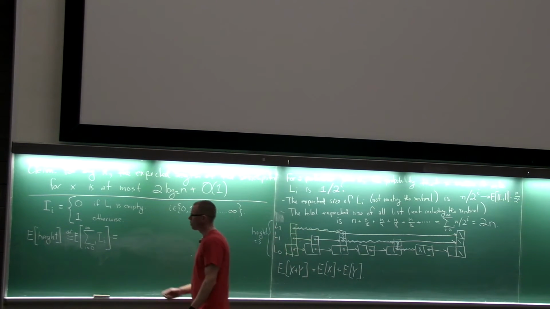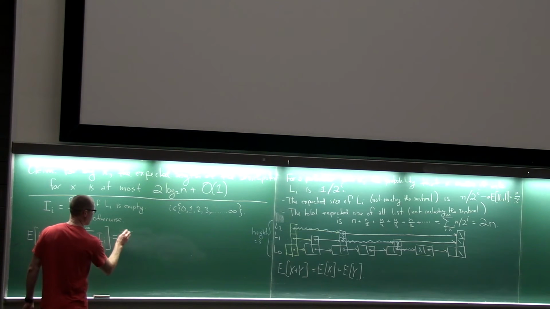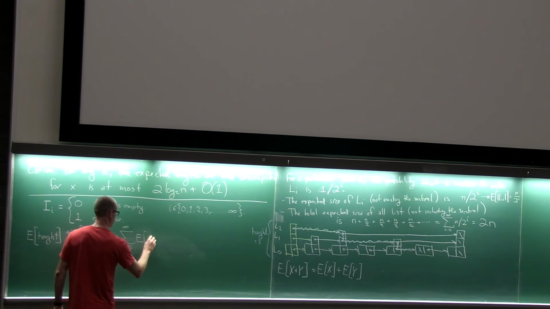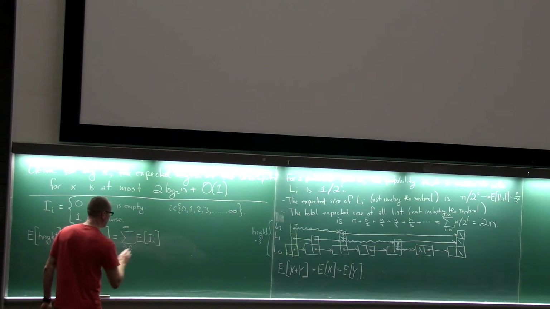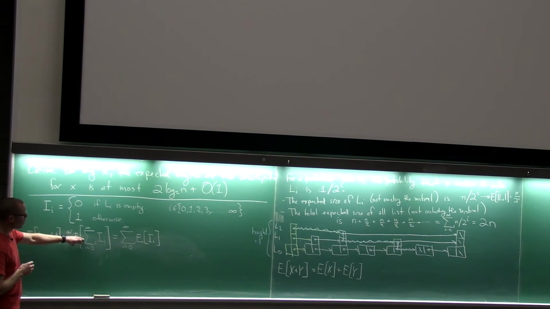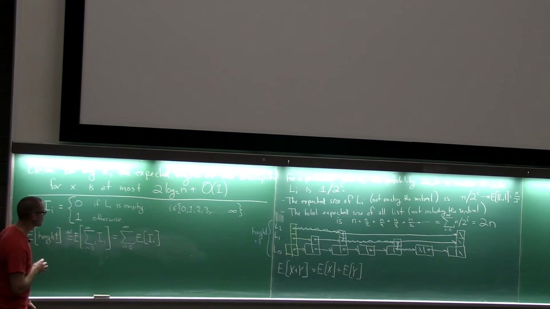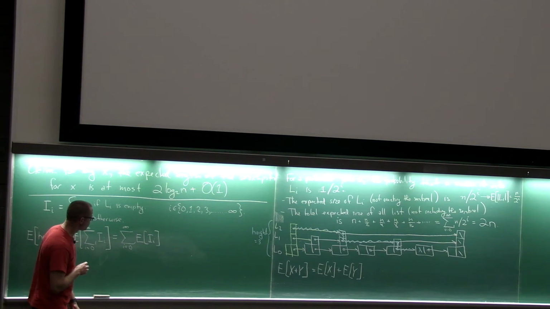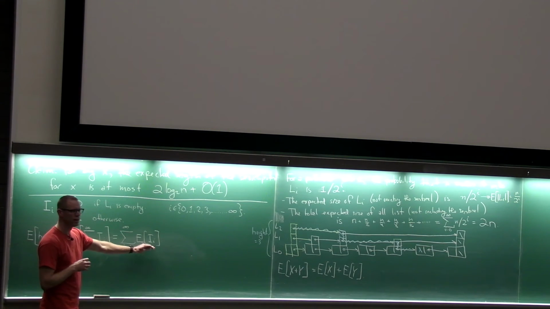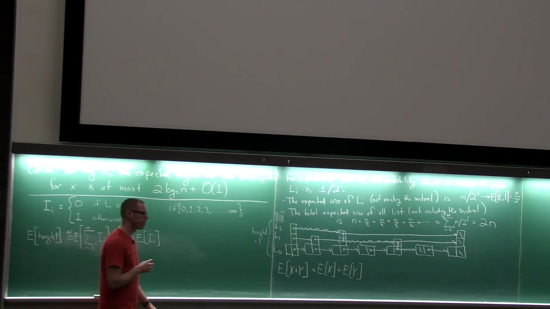So if I apply this repeatedly, what that tells me about a sum like this is that the expected value of the sum is the sum of the expected values. So I'm trying to figure out this expected height, and I've boiled it down to the problem of figuring out these little individual expected values.